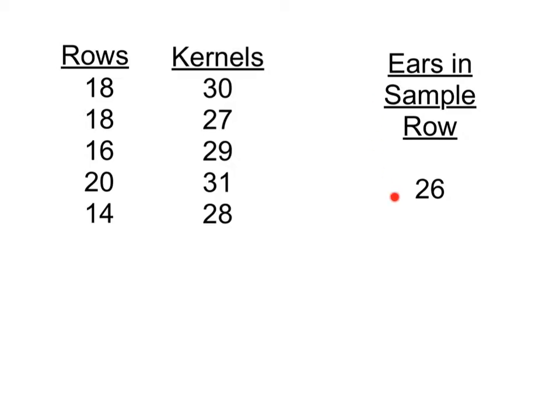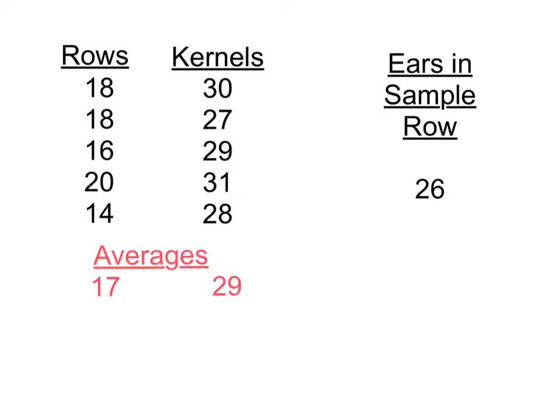Over on this side too, we've made a note that there were 26 ears of corn in her sample row, which you may recall was 13 feet 1 inches long and represents the amount of corn that is in 1/1000th of an acre.